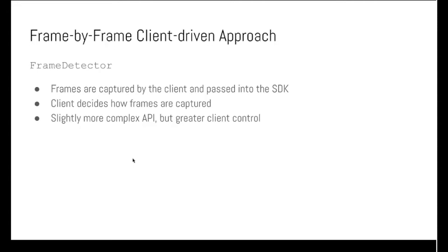This is great, for example, where you're getting frames from somewhere other than the camera. So, for example, if you have a video chat app that you want to motion enable, or some telepresence app, frames are coming in off the network, and you can take the frames, pass them into the SDK as they come in, and get immediate results.